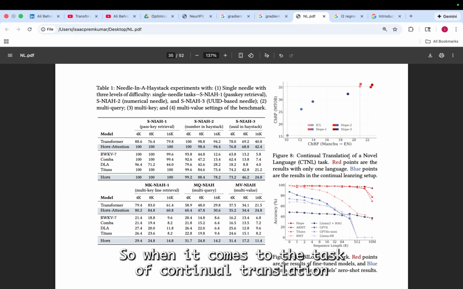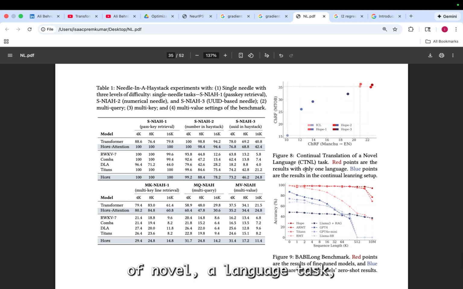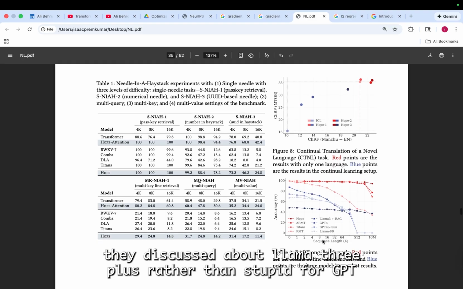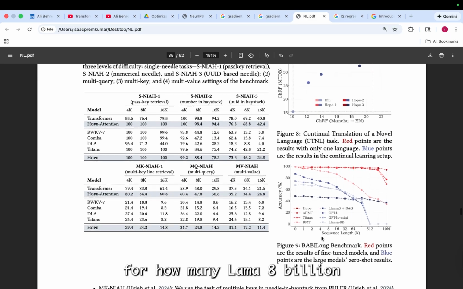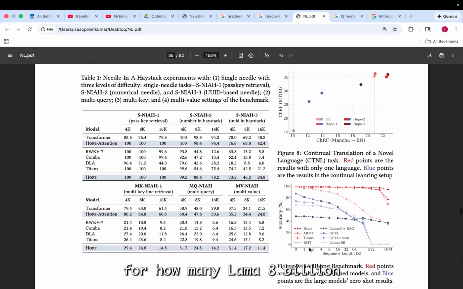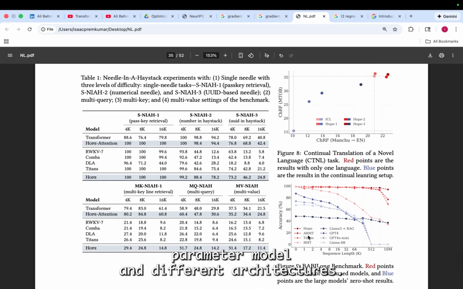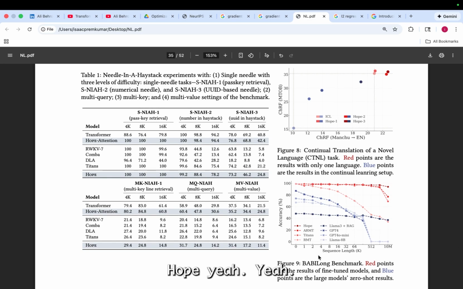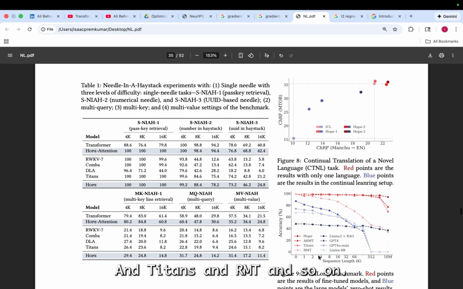So on the task of continual translation of a novel language task, they discussed Llama 3 plus RAG, GPT-4, GPT-4o mini, the Llama 8 billion parameter model, and different architectures such as Hope, ARMT, Titans and RMT and so on.